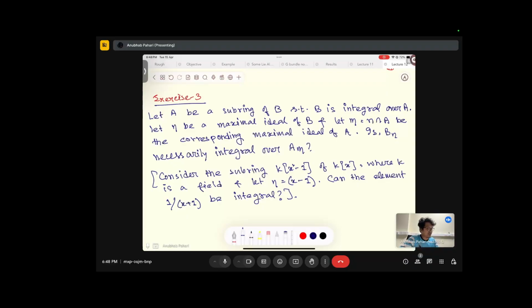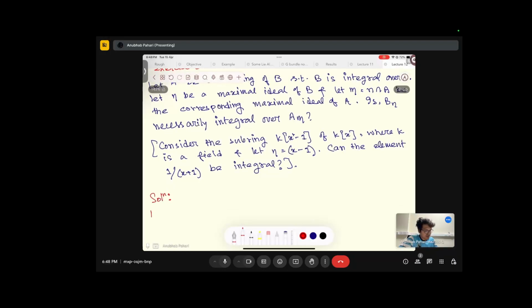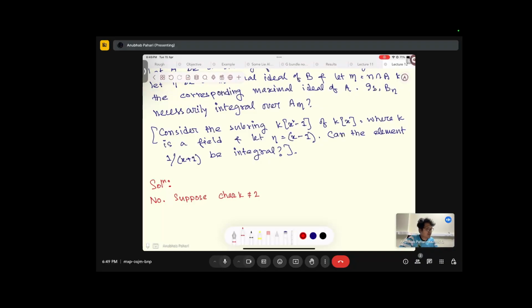So we'll be doing this by contradiction. So the solution is no. Suppose characteristic is not equal to 2.